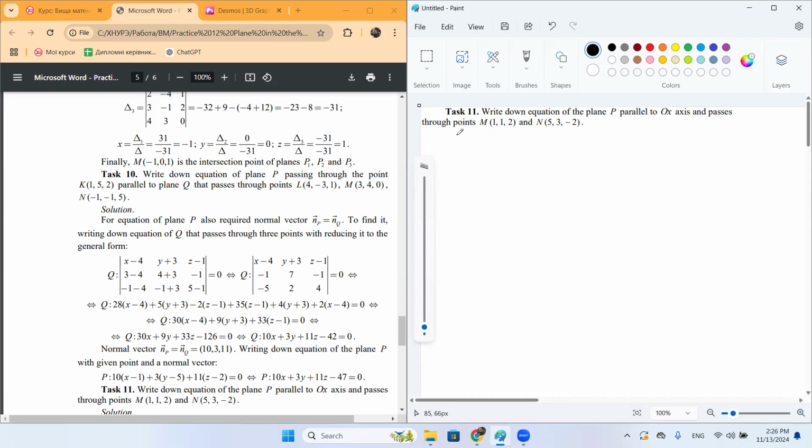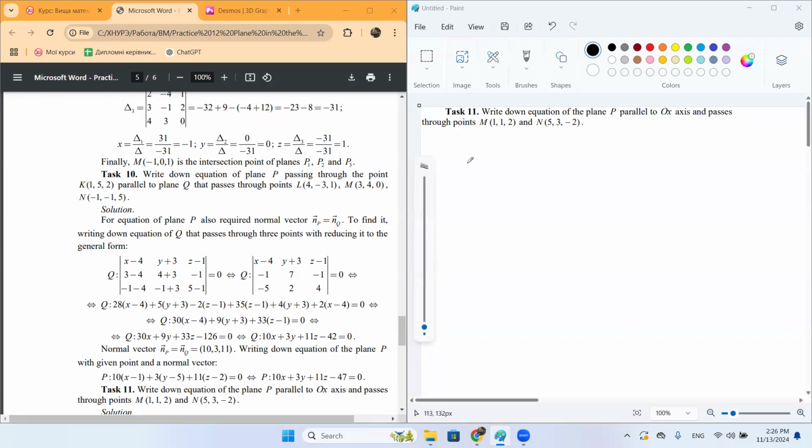So how can we find a normal vector of the plane P? Okay, so parallel to OX means that the vector will be 1, 0, 0.